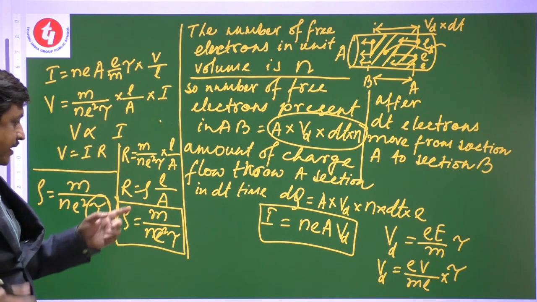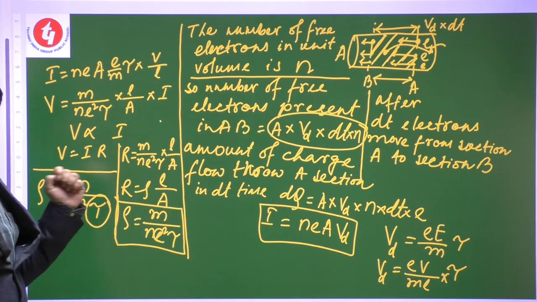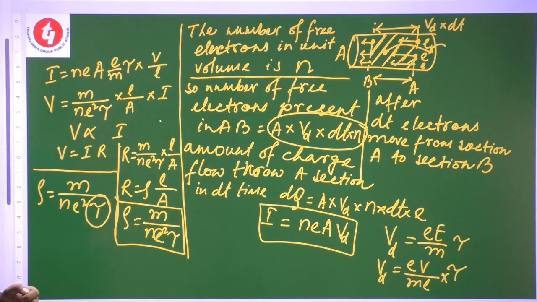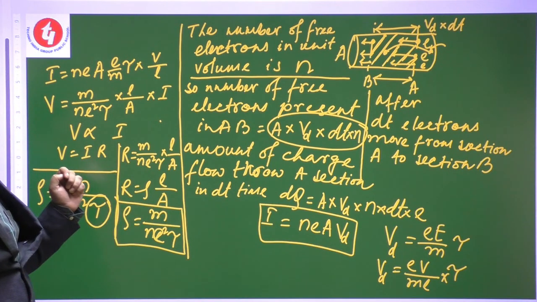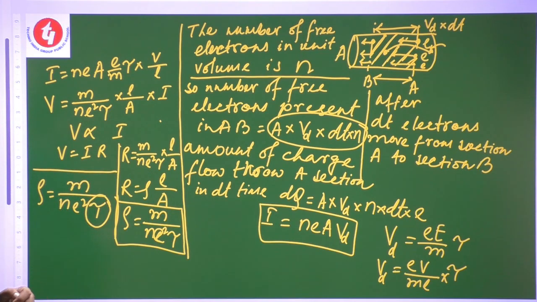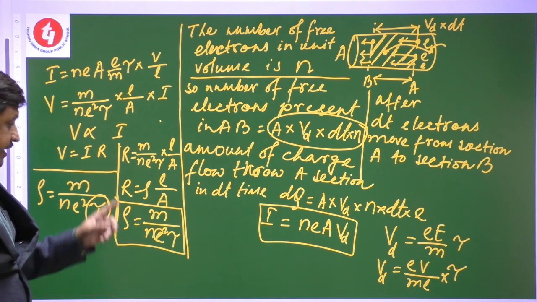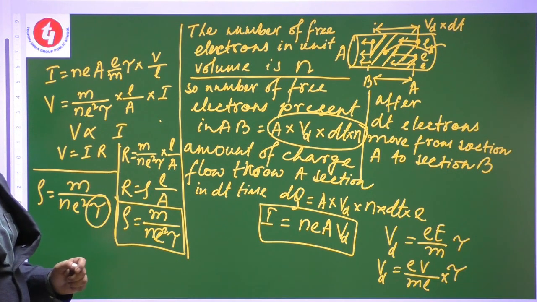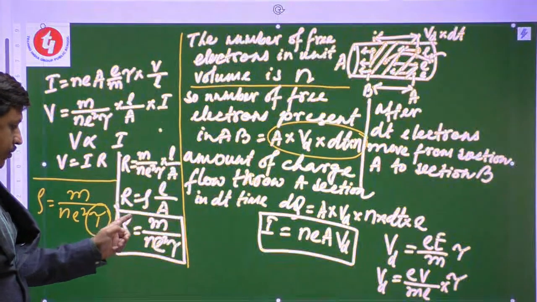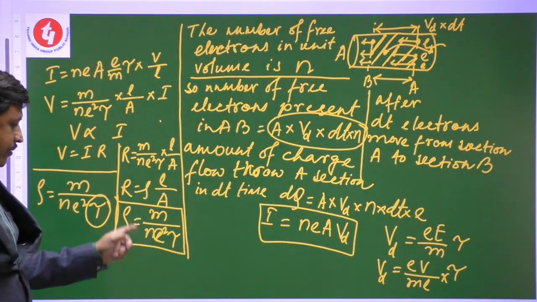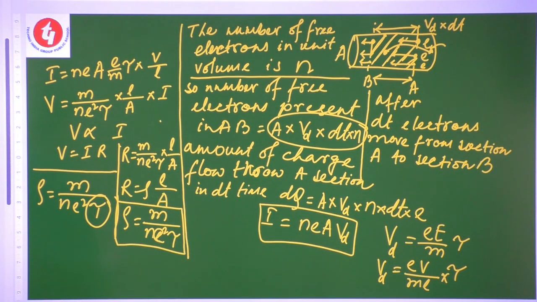If length increases, the resistance of the conducting wire increases. If area of cross section increases, the resistance of the conducting material decreases. But mind it, resistivity doesn't depend on the length and area of cross section, because the formula of resistivity is m divided by n e square tau.